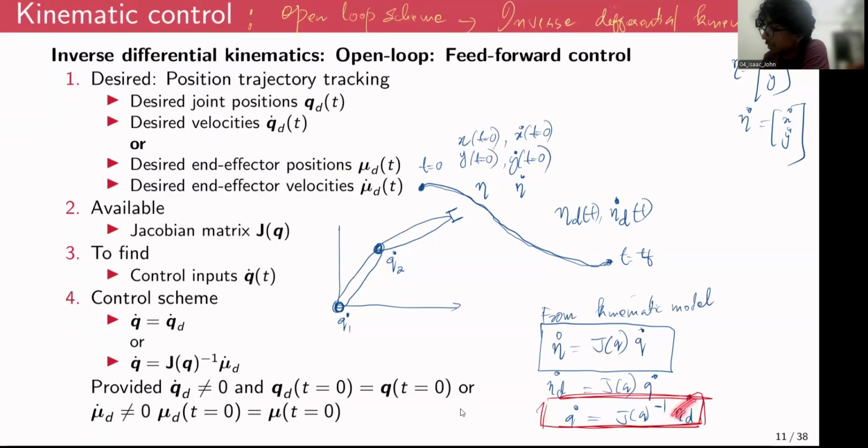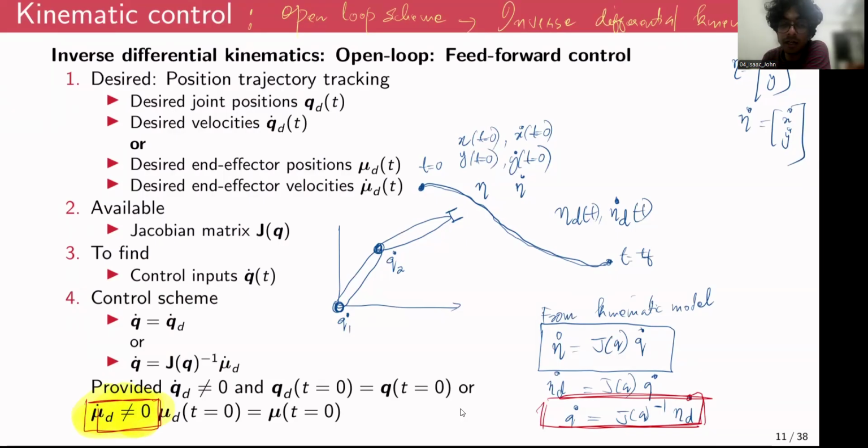Because if the velocity is zero, this whole term is going to be zero, and as a result, q dot is always going to be zero. So the first and most important condition is eta dot should not be equal to zero, right? Otherwise, the control input is always going to be zero. So eta dot should always be non-zero.